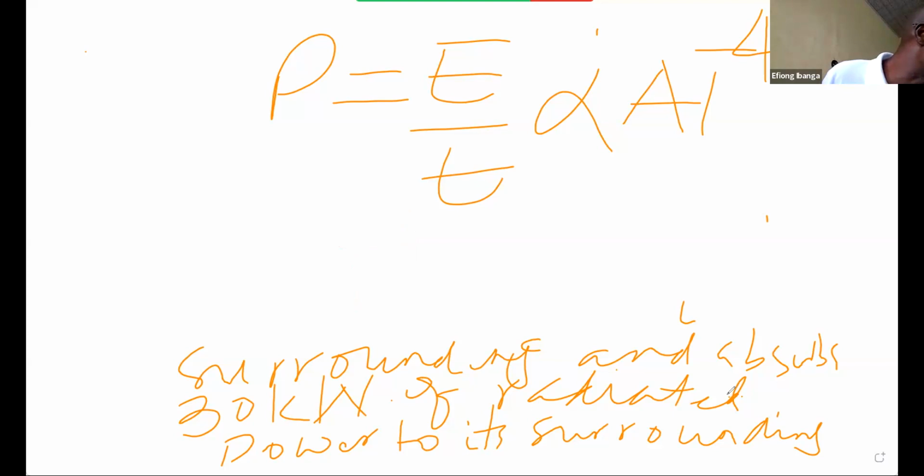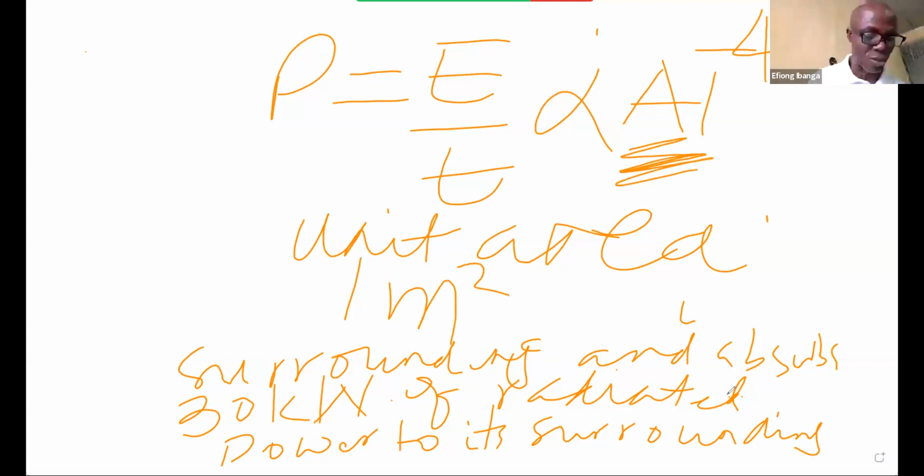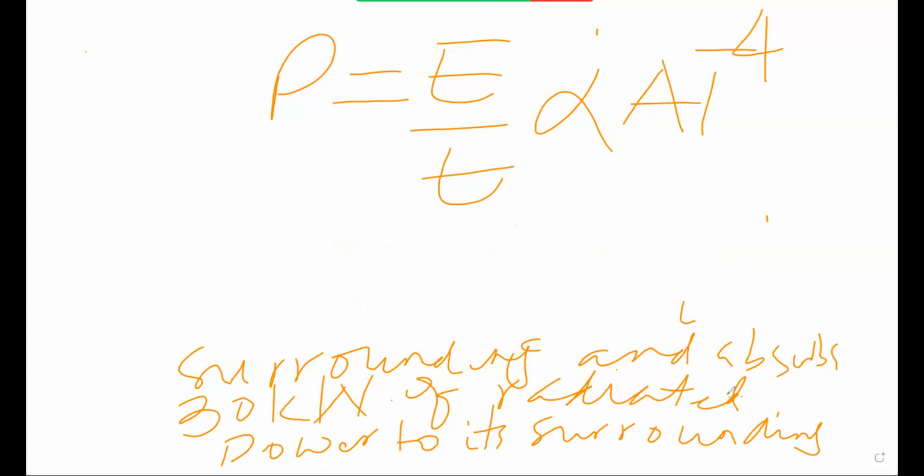It says that the total energy radiated per second by a unit area, absolute temperature. When we say unit area, it means we are talking about something like 1 meter squared. But now, this is not a unit. So that's why I'm including it there, so that you can see it. All right, so the concept of the area must come in.